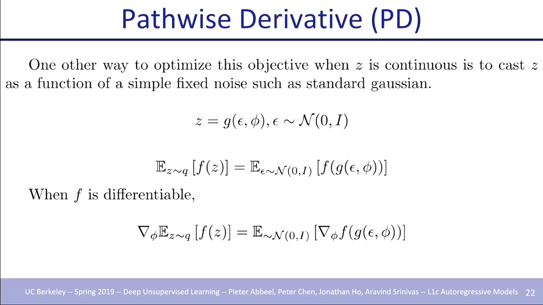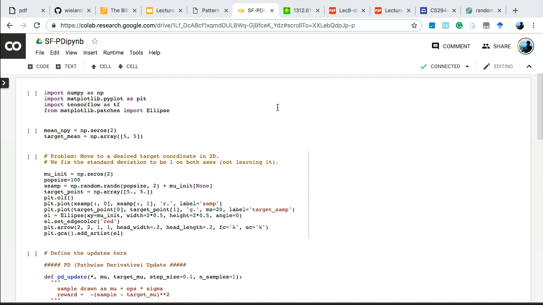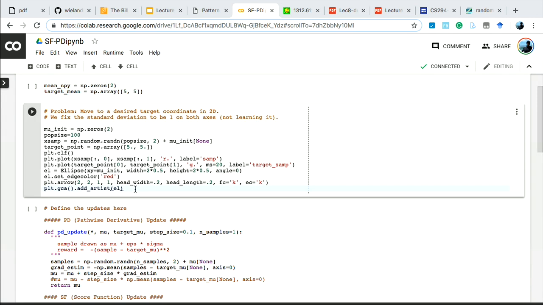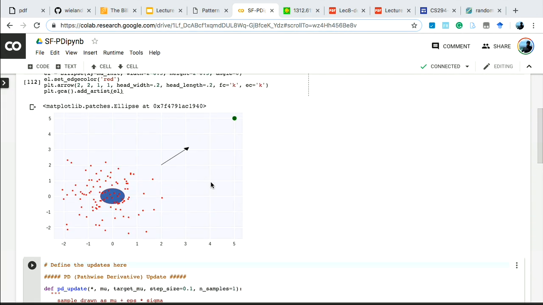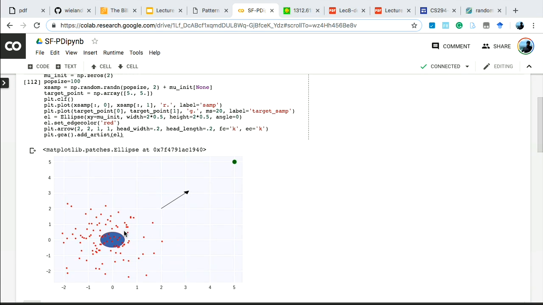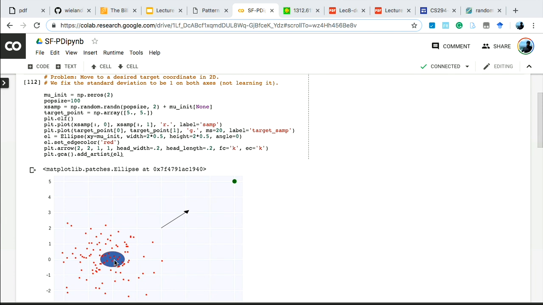So let's check out a demo where these two things are shown. This is going to be a very simple problem, maybe too simple, and you might think, why are we even solving this? It's just to highlight the point. The problem here is to move the coordinate of this Gaussian to the target location.